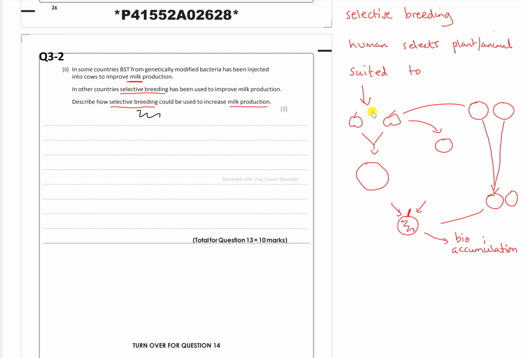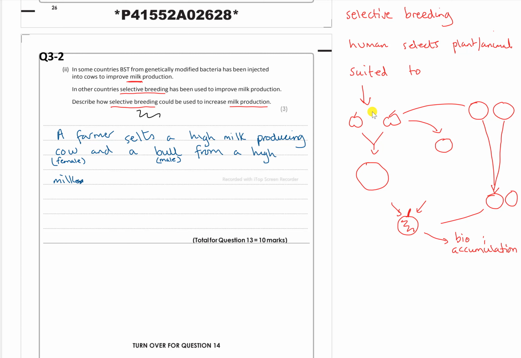So how can a human do this with milk? A farmer selects a high yield, high milk producing cow, that's the female, and a bull, that's the male, from a high yield, high milk producing cow.